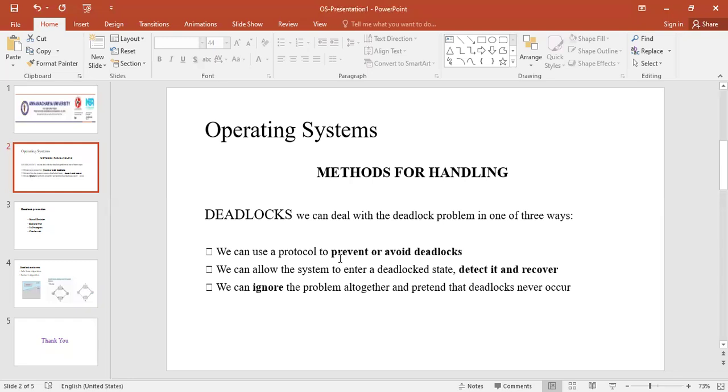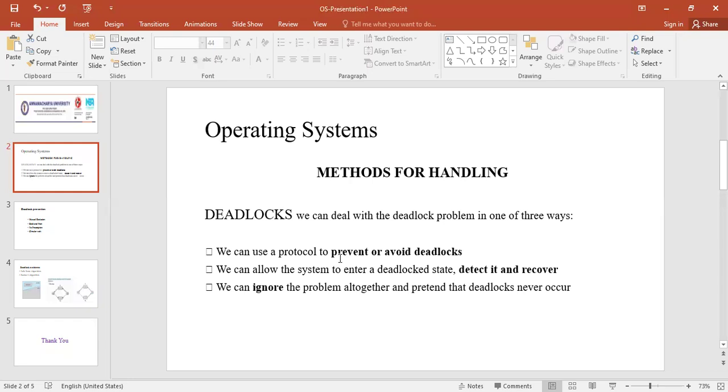The system will consider the resources currently available and currently allocated for each process, and the future requests and releases of each process.